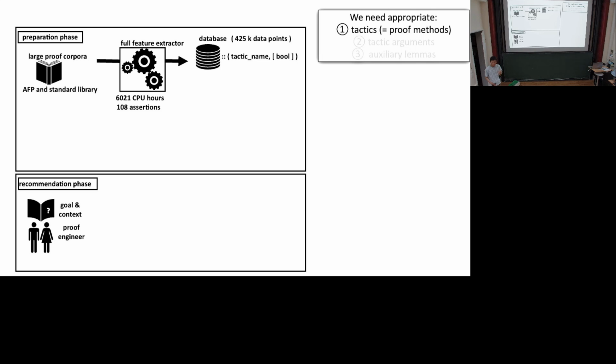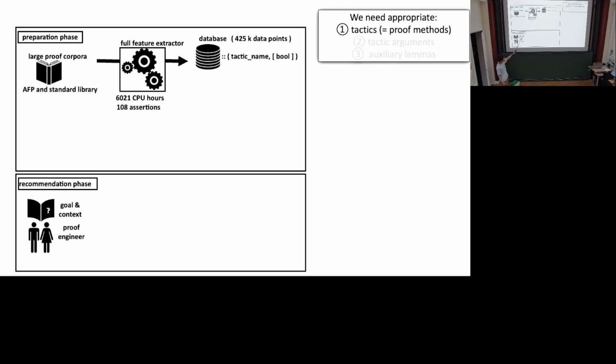The underlying proof context is actually a massive data structure which contains thousands of hierarchically defined definitions, and also thousands of auxiliary lemmas. And it returns a Boolean value. We have 108 assertions, each of them returns a Boolean value.